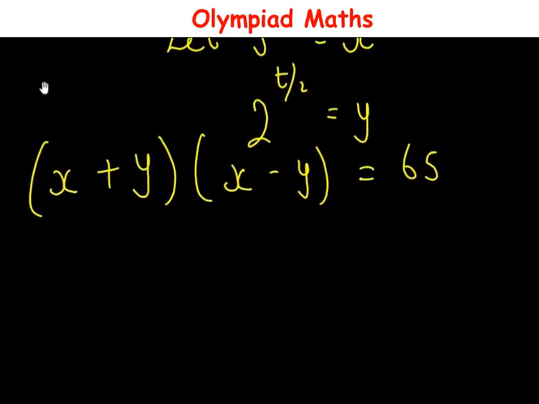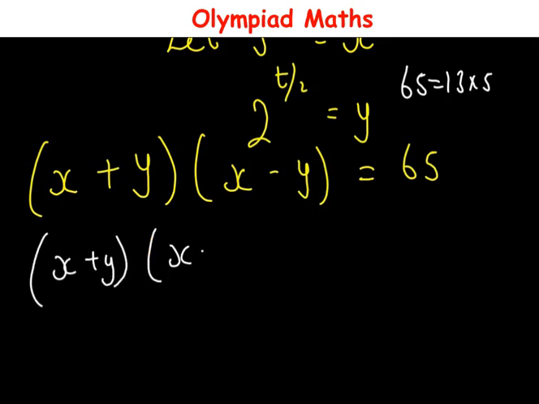From here we can express 65 as 13 times 5, because 65 is equal to 13 times 5. So this becomes, in brackets, x plus y multiplied by x minus y is equal to 13 times 5.